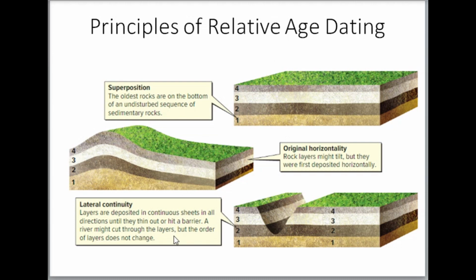And finally we've got lateral continuity. Lateral continuity is when you have sediments that get deposited and spread out evenly in all directions. Because it's in all directions, you call it lateral. Lateral literally just means side to side, but it spreads out all over the place.